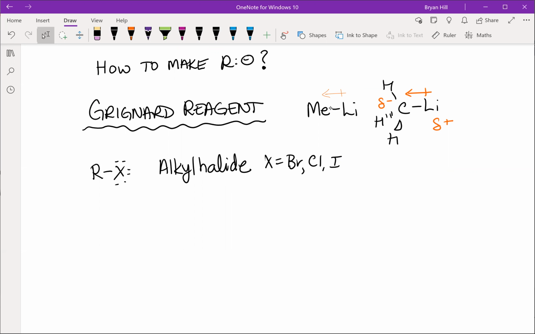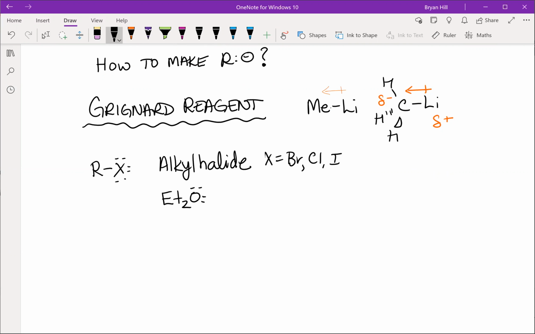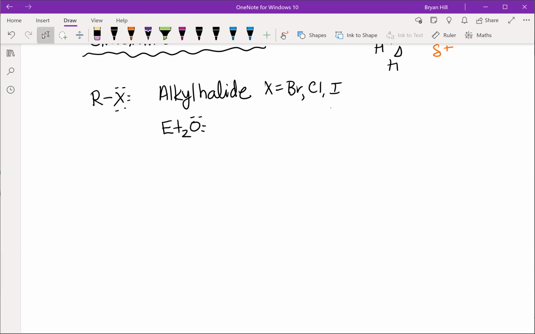When you're making these, you have to use an aprotic solvent. So you guys made your Grignard reagents in diethyl ether. And there are solubility issues depending upon the halide. Sometimes the iodo versions aren't that soluble, or the chlorine ones take too long to make. But the bromides seem to work the best, so often those are the Grignards that are used.